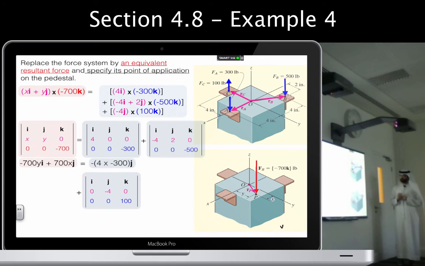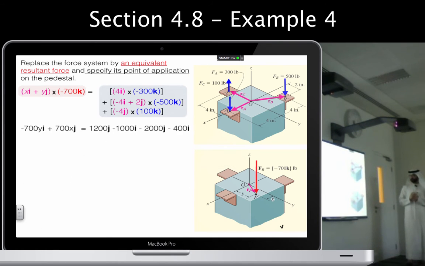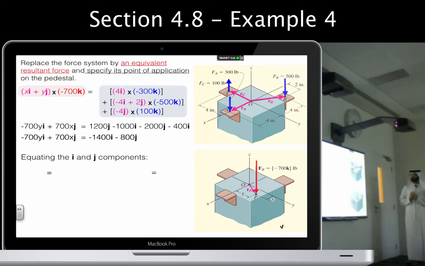To solve these, this will be your answers, and this will be your equation. Now, what will we do? We will equate the i and j components and solve for x and y. Clear?